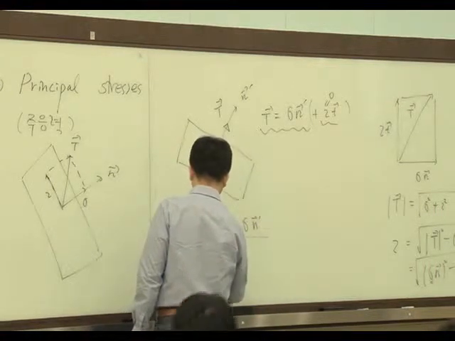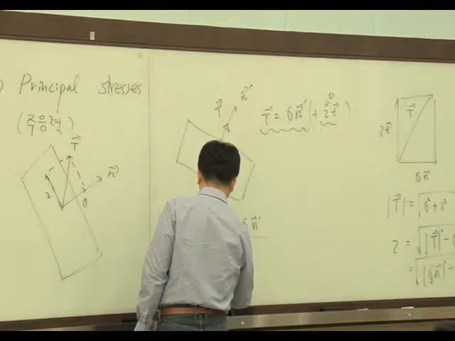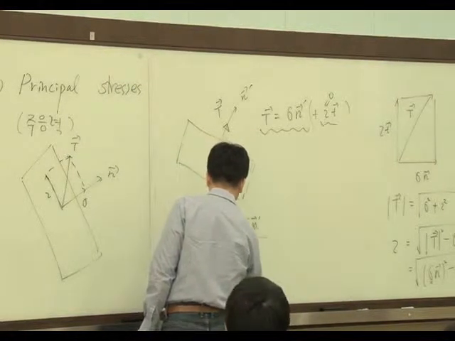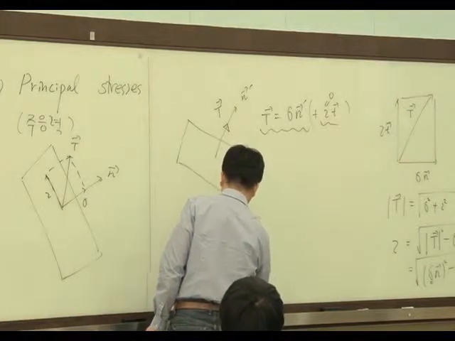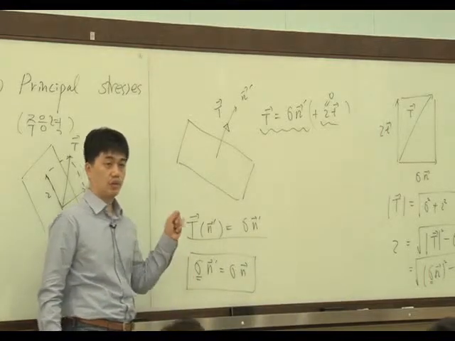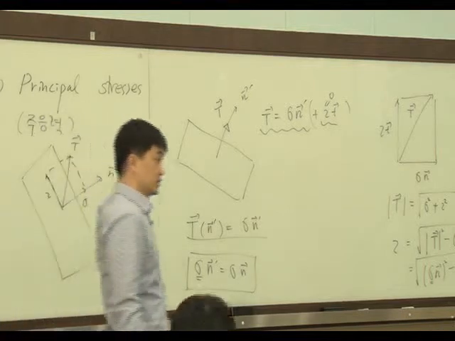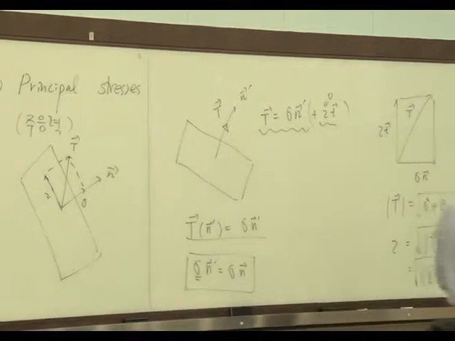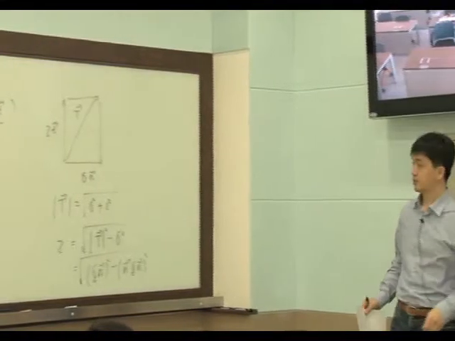So we can write down the stress tensor and n. This is the condition. When we have only normal stress, it means the shear part is 0. Shear stress is 0.